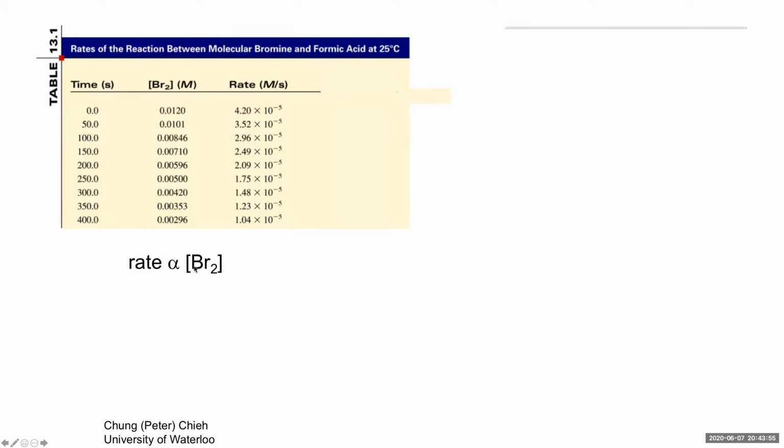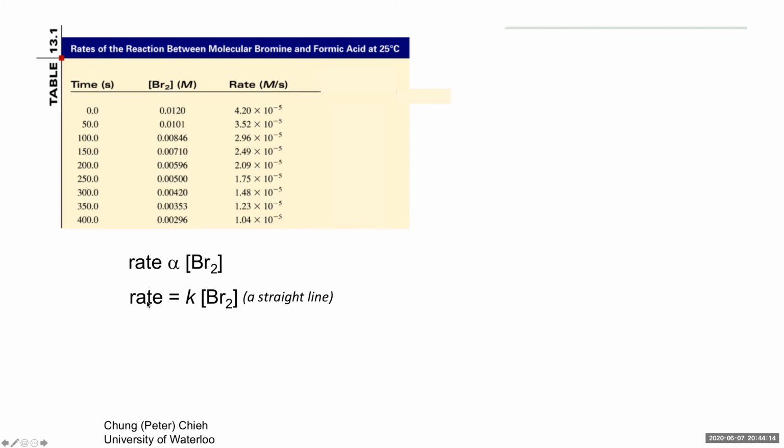To write the rate law for bromine, we would substitute this proportion symbol with an equal sign and a K, which is the rate constant. The lowercase k is always the rate constant. That's the symbol we use for a rate constant.